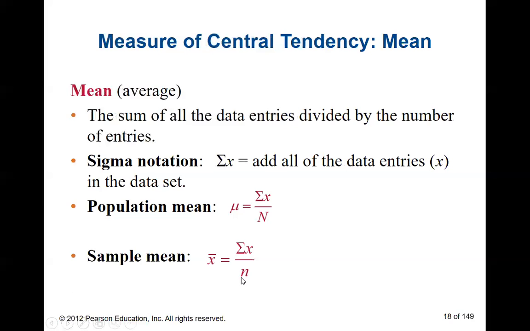This is being used with a sample because it's not everybody in the population, it's just a portion of it. And then the symbol that represents this formula, because it's from a sample, not a population, will not use a Greek letter. This, we would say, is X bar, because there's that line on top of the X. And that's what we use if we want a sample mean, a mean from the sample, okay?